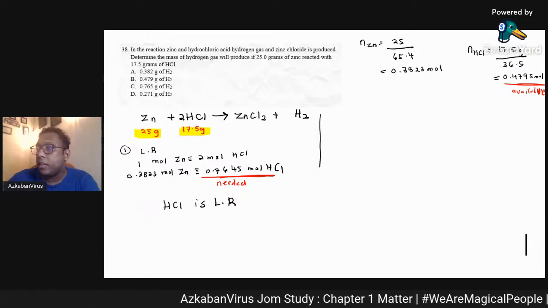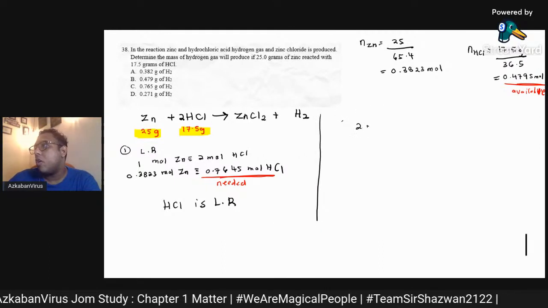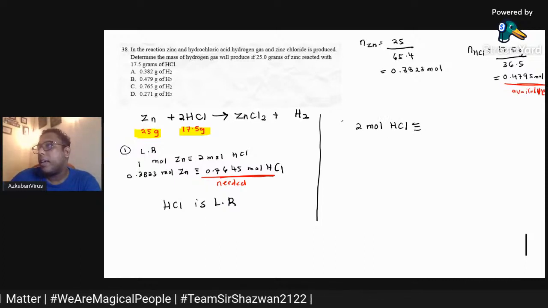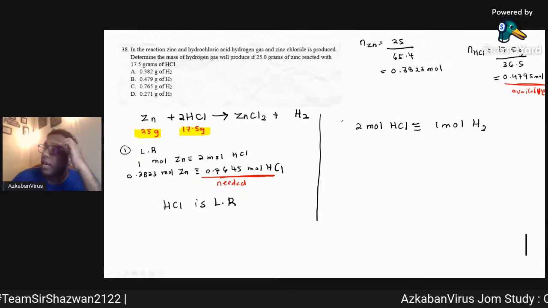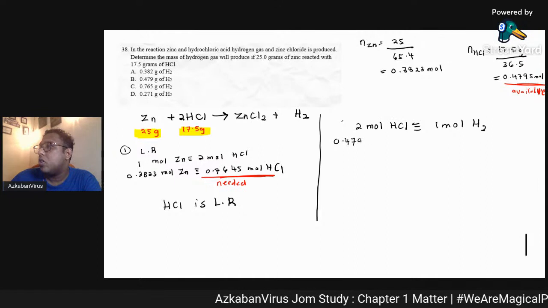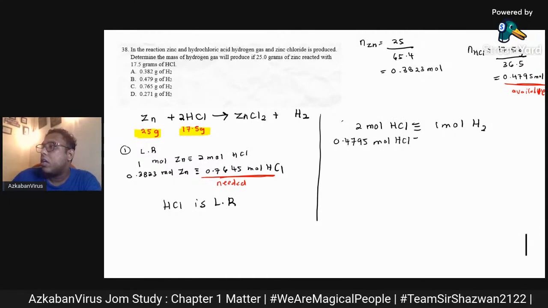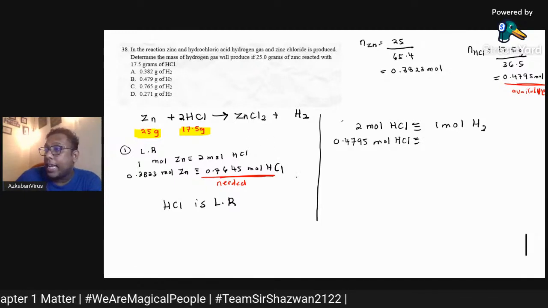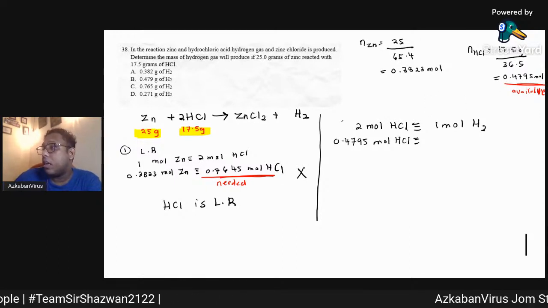Once you dapat HCl is limiting, baru you compare. You know that 2 mole of HCl dia akan menghasilkan 1 mole of H2. So sekarang ni kalau you ada 0.4795 mole of HCl, dia akan menghasilkan, remember, you kena guna apa yang you ada. Jangan ambil yang ini. Jangan. Okay, ambil apa yang you ada.